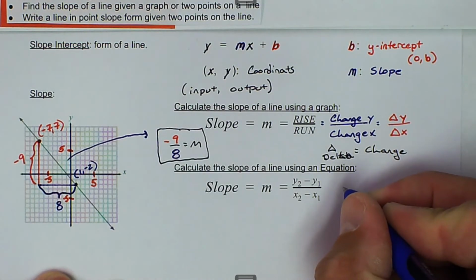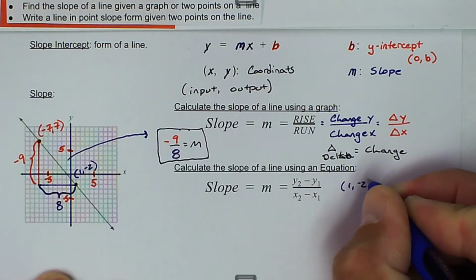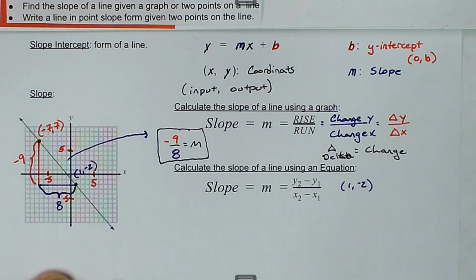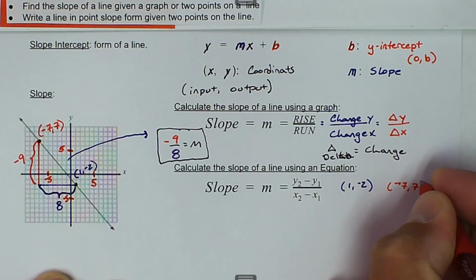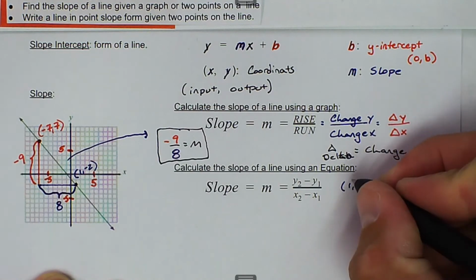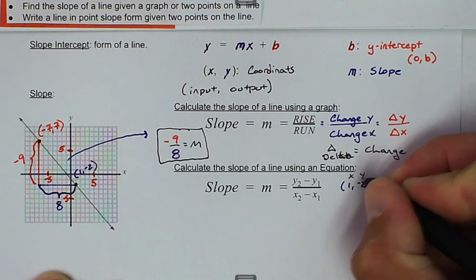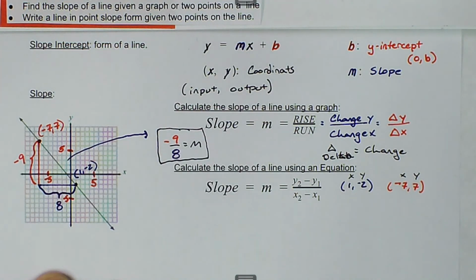We have the coordinate of 1, -2, and we have the coordinate of -7, 7. So we could call them x1, y1, but the important thing is that we just know that x and y and x and y. And we'll show two examples of why it'll always be the same.